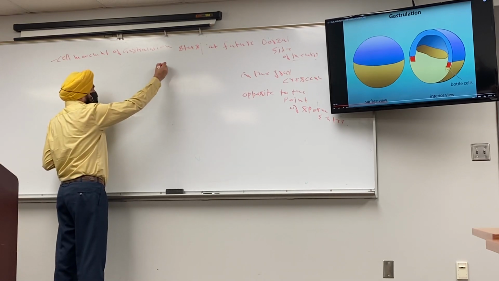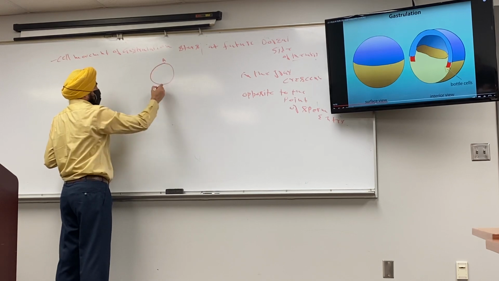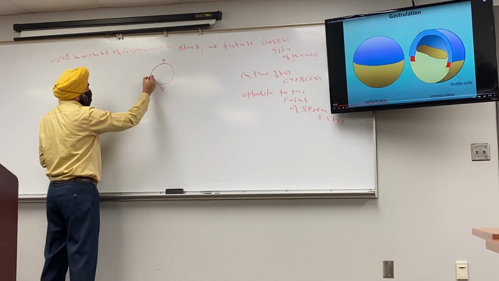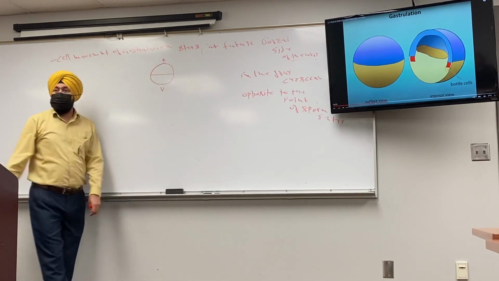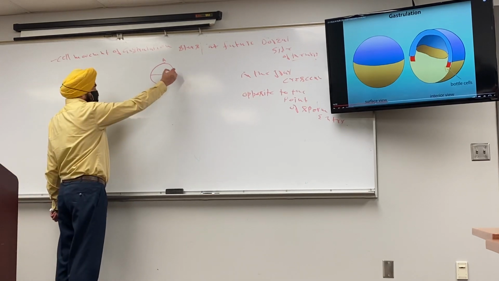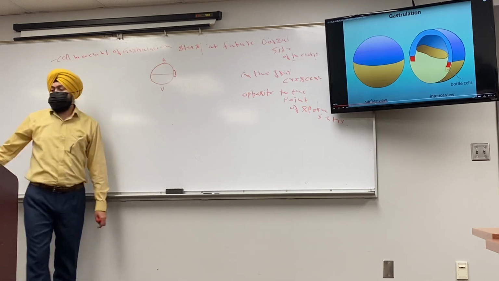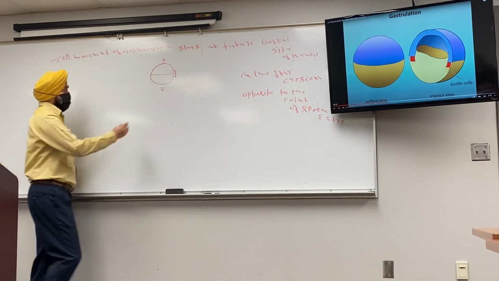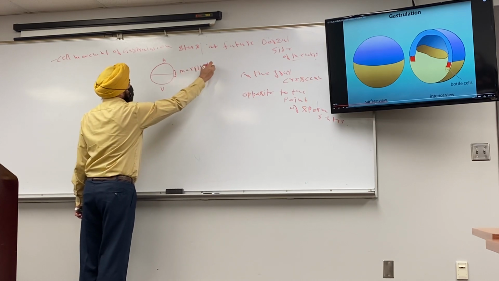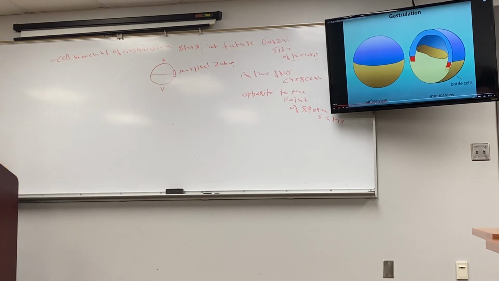So this is your embryo, animal, vegetal. Right here is the equator. The cells right at the equator, we call them the marginal zone. Right here, these things are going to happen.